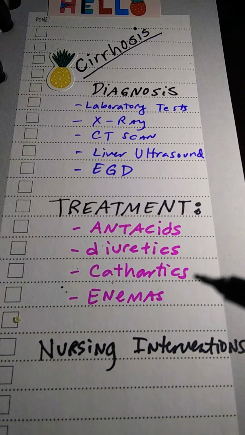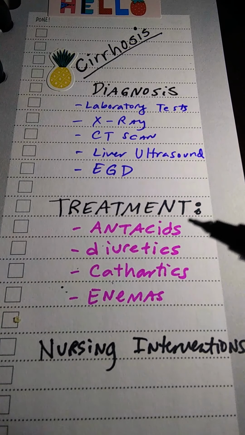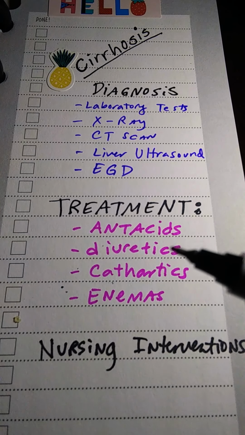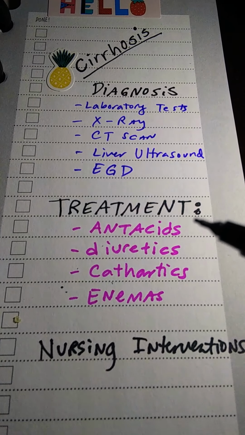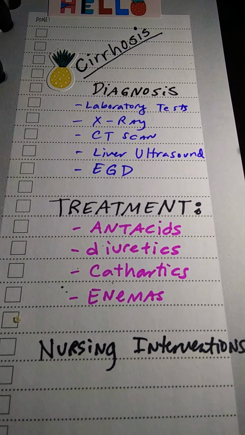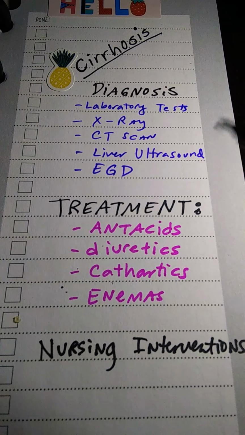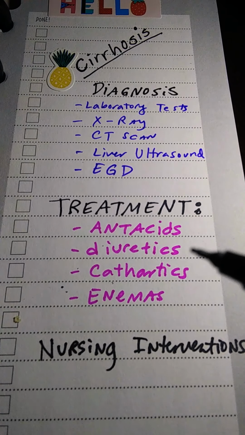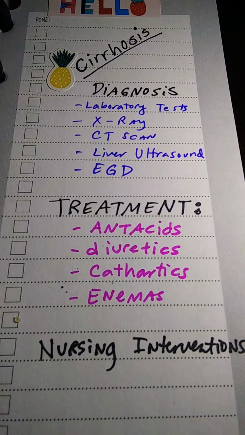One thing I want you guys to take note of is that if the client has an advanced liver disease, or if the complication has already led to what we call portal systemic encephalopathy, or PSE, with this patient, protein sources are restricted due to the liver's inability to convert protein to urea for excretion.